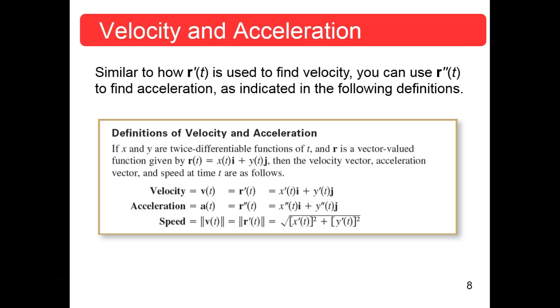Velocity is r prime of t, which is x prime of t i plus y prime of t j. The acceleration vector is the first derivative of the velocity vector, which is the second derivative of the displacement vector, r double prime of t, x double prime of t i plus y double prime of t j. And then the speed is the magnitude of r prime, the square root of x prime squared plus y prime squared.